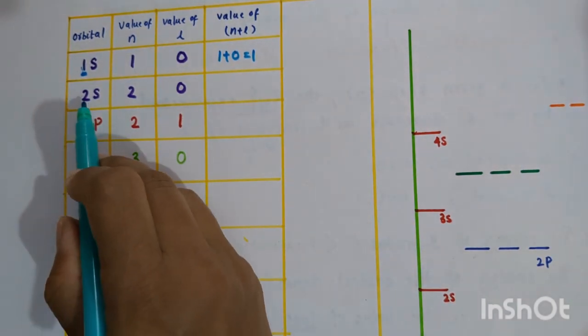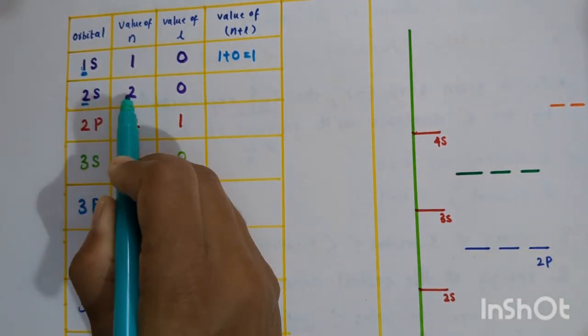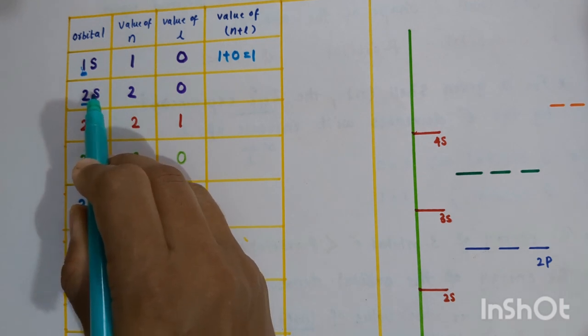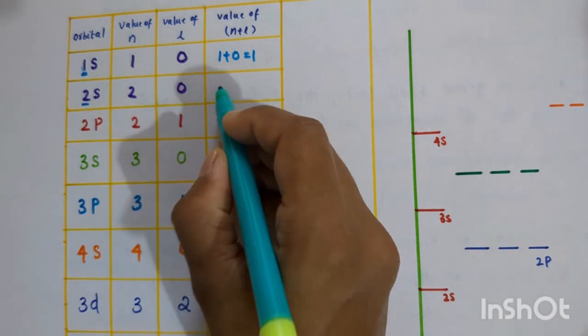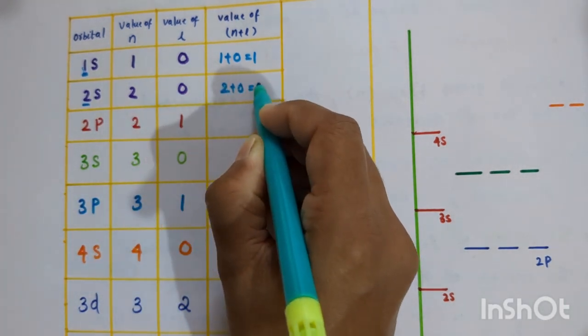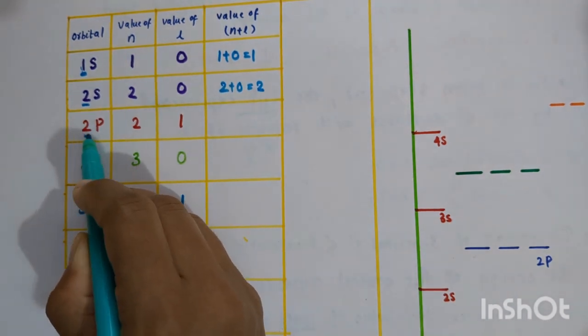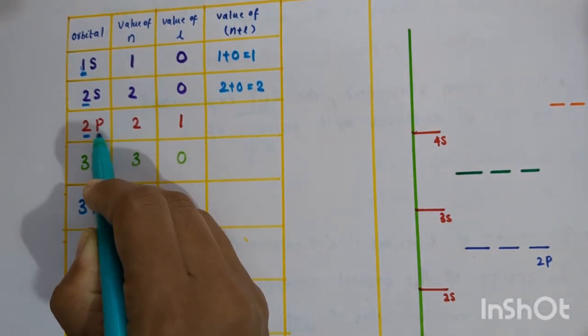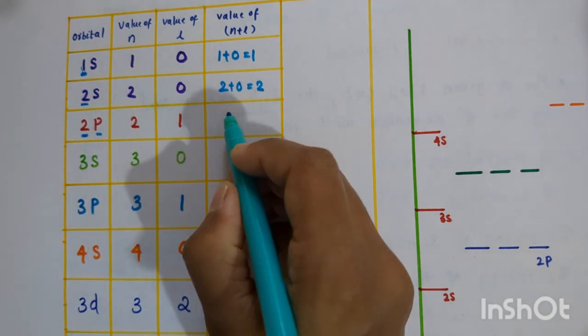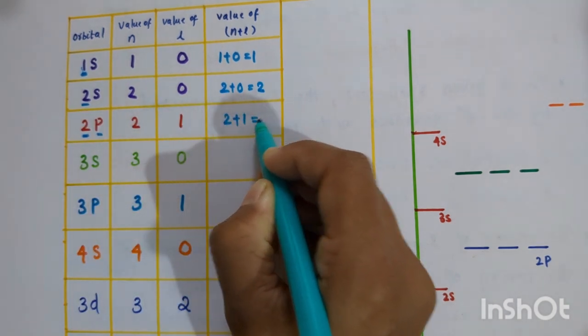When you consider the 2s orbital, principal quantum number is 2. Azimuthal quantum number for s orbital is 0. So n plus L is 2 plus 0, which is equal to 2. When you consider the 2p orbital, principal quantum number n is 2. For p orbital, L is equal to 1. So n plus L is 2 plus 1, which is equal to 3.